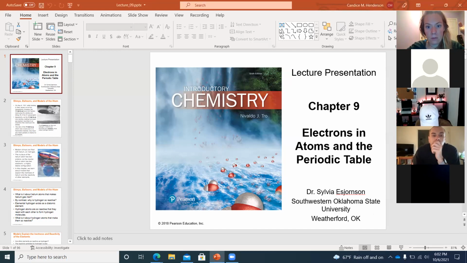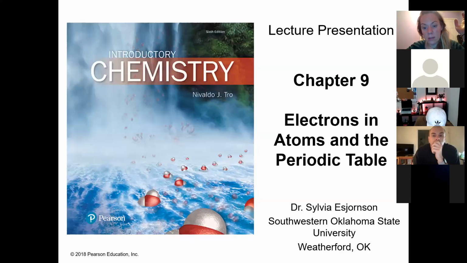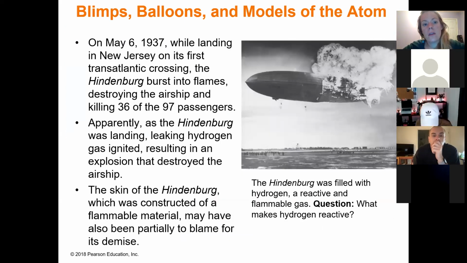Why are electrons so important? Well, this is an image of the Hindenburg, which was a balloon, a hot air balloon in 1937. And a bunch of people died on it because there was hydrogen that leaked.